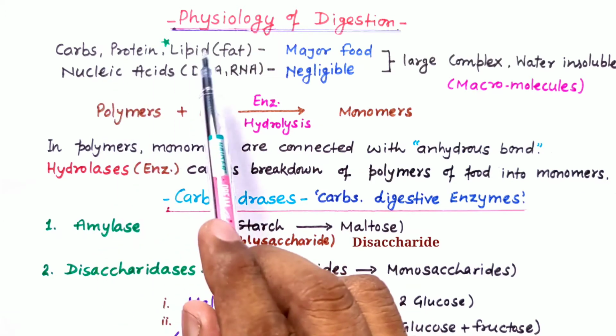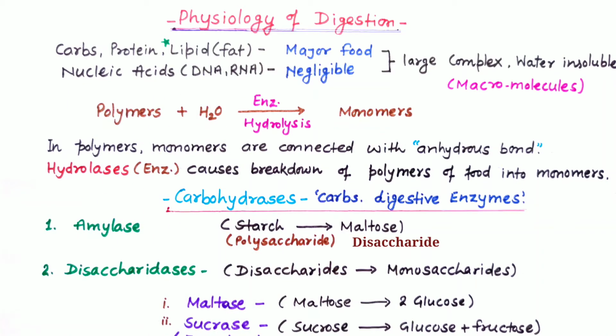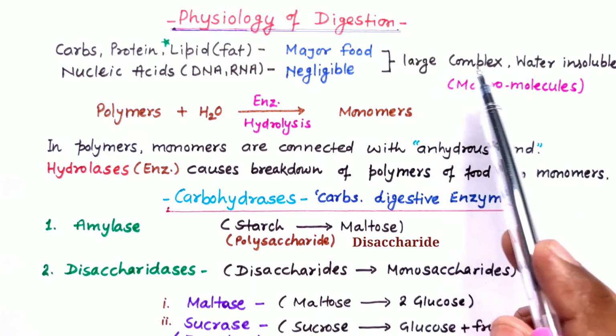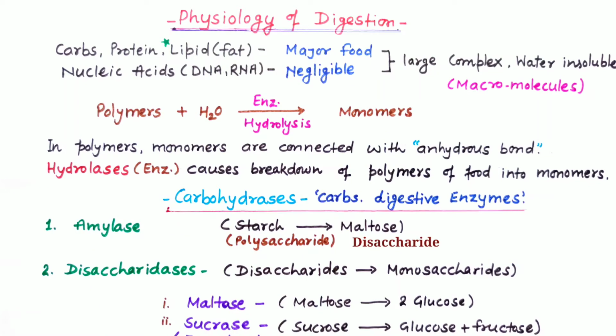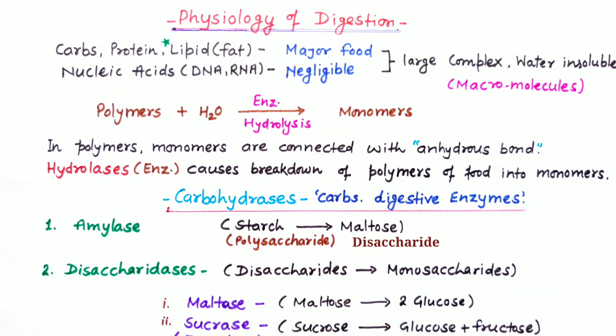Out of these, only lipid is not a polymer, while the rest three are all polymers. Most of these are very complex and water insoluble, and that's why they are known as macromolecules or macrobiomolecules.